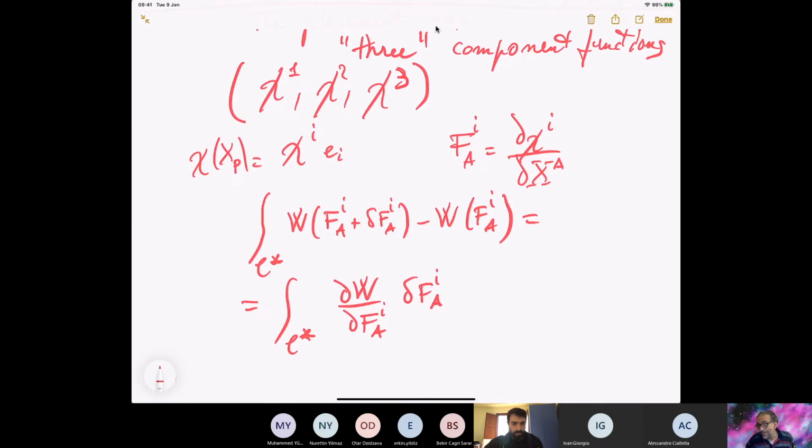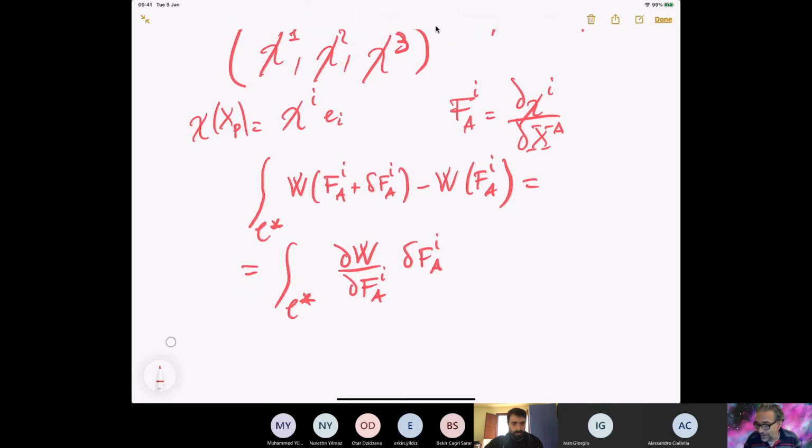Now, if you remember, when I calculate the derivative of a function with respect to a contravariant index, I get a covariant quantity. And when I derive something with respect to a covariant index, I get a contravariant quantity.